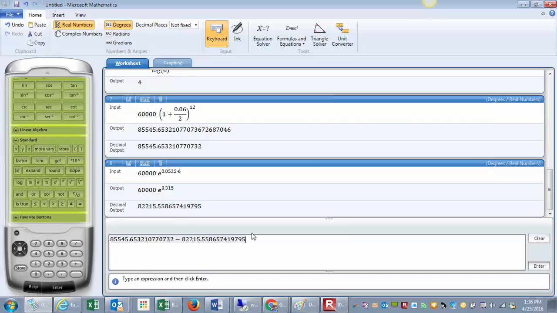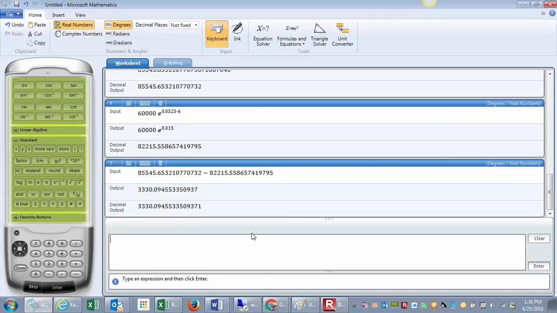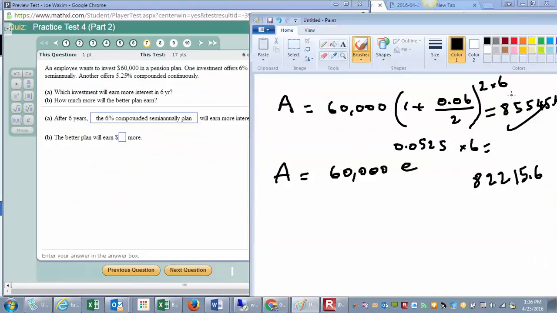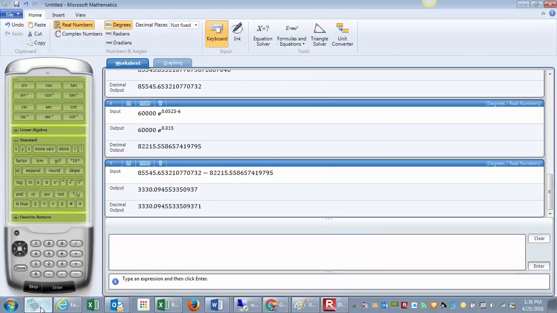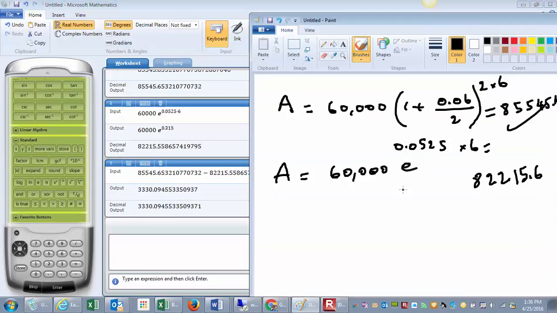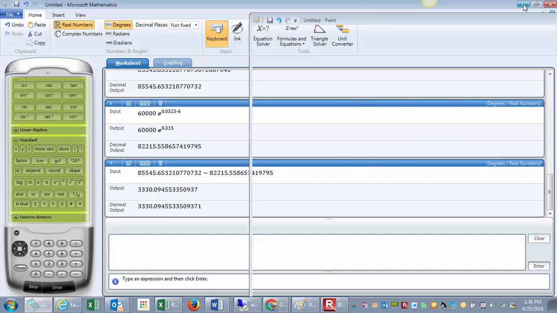And the answer is 3,330. The better plan will earn 3,330 more. Okay, I hope this is right. I like to go over my work and make sure. All right, we'll see at the end if we missed any one of these.